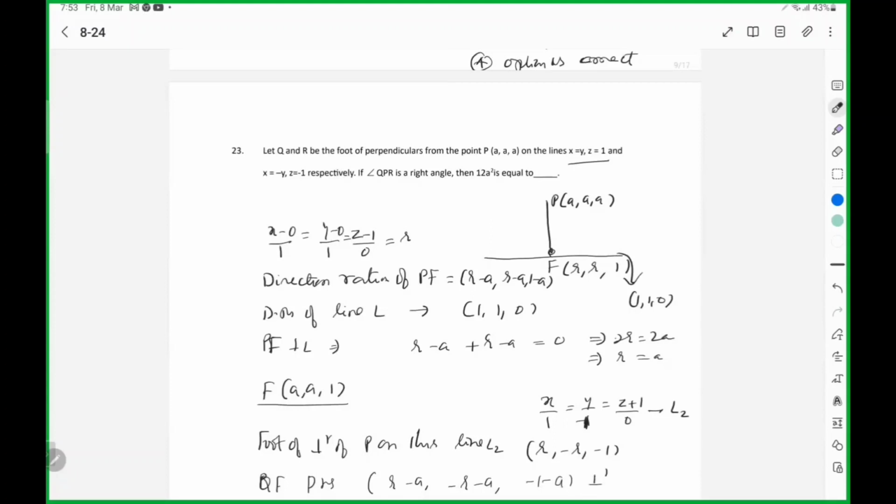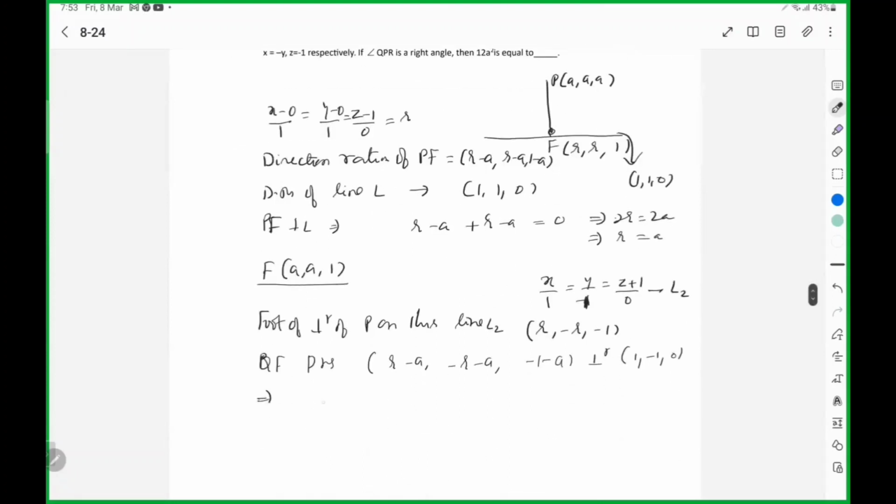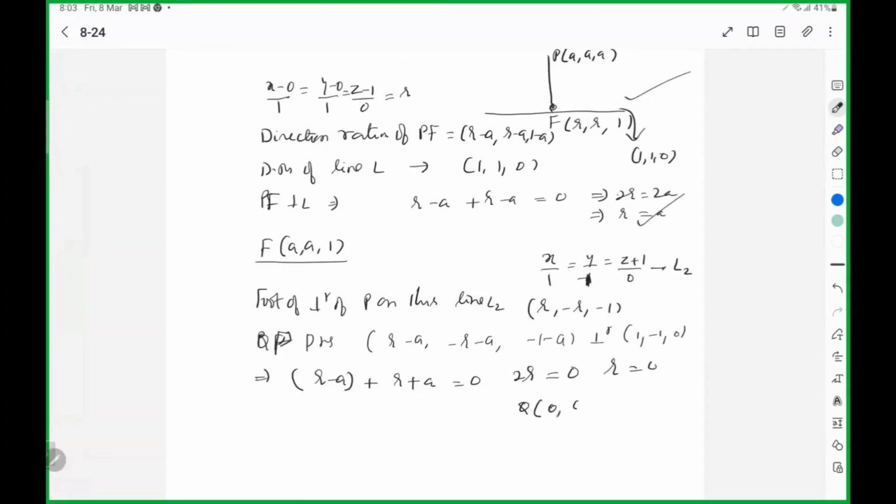So it is perpendicular to line whose DRs are this. r minus a plus r plus a equal to 0. 2r is 0. R here is 0. Then 0, 0, minus 1. So one foot of the perpendicular is here A1.